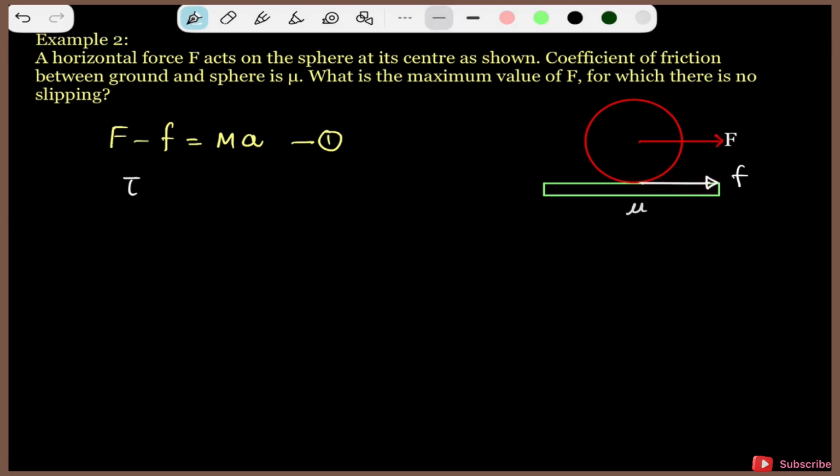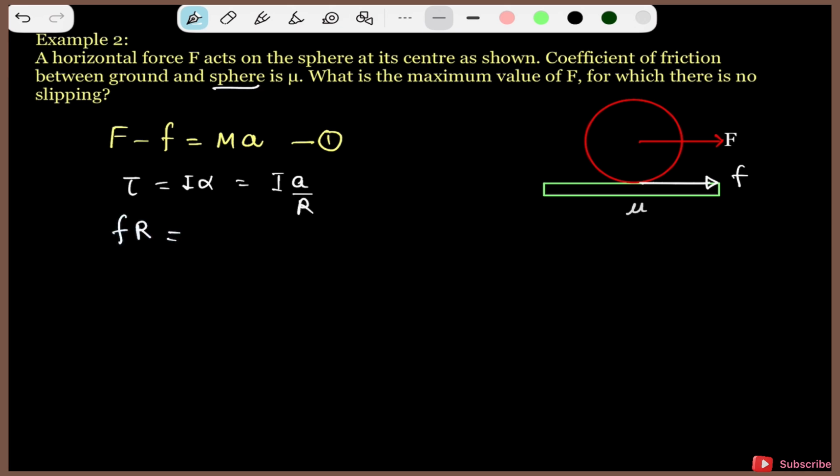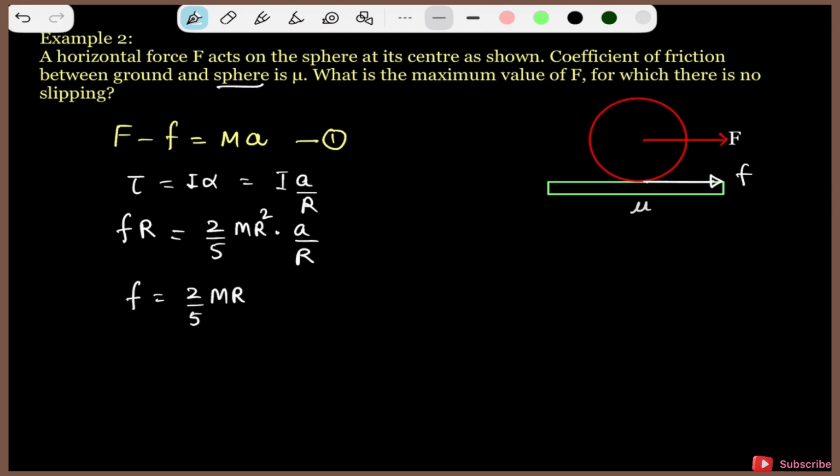All right, so let's write the situation. So torque is equal to I alpha, and alpha can be written as a upon R. Further, we can write torque is nothing but the force of friction times radius, and for a sphere the moment of inertia is 2 by 5 mR square times a upon R. So friction can be written as 2 by 5 mR square times a upon R square.